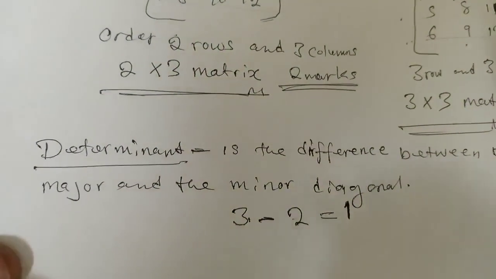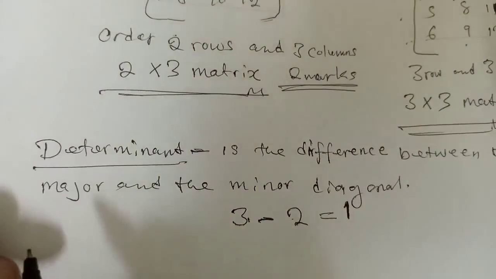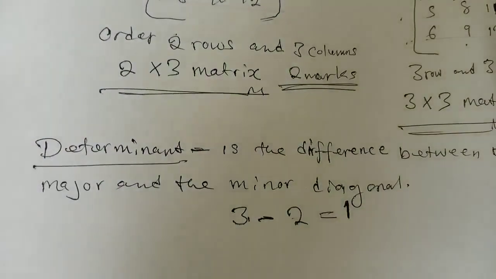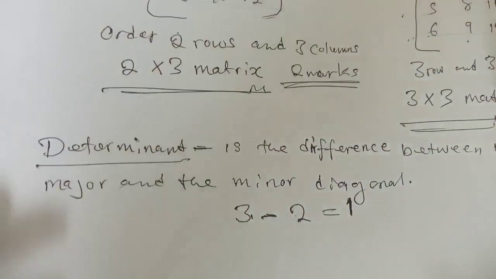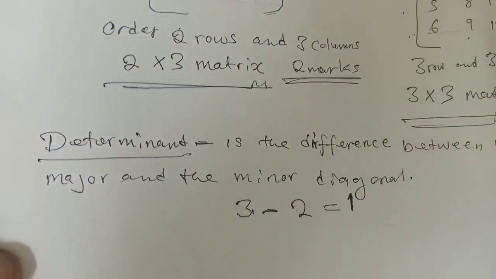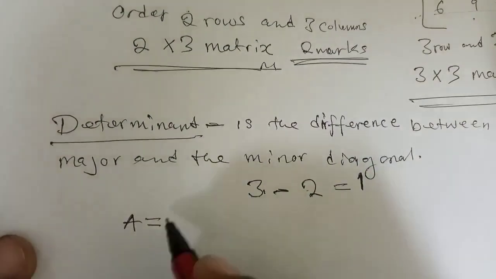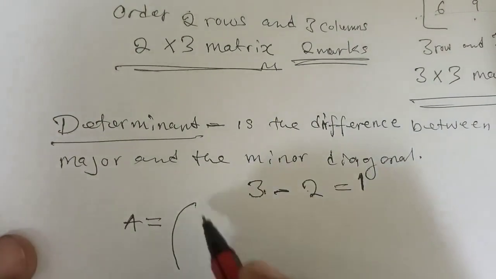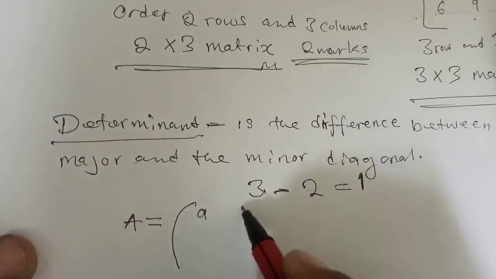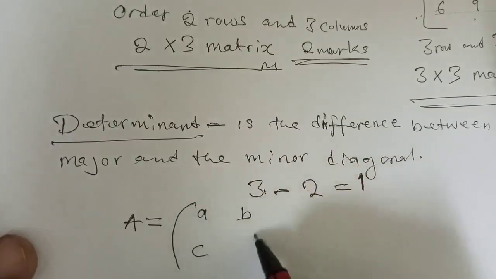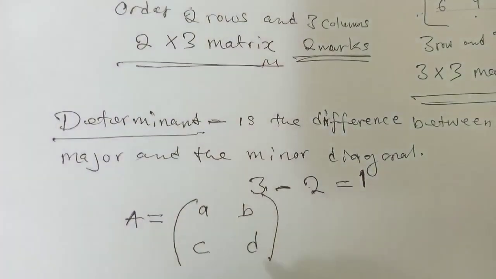So you need to know what the major diagonal is and what the minor diagonal is. How does it look in a matrix? In our matrix, we said that this is A, this is B, this is C, this is D, like that.